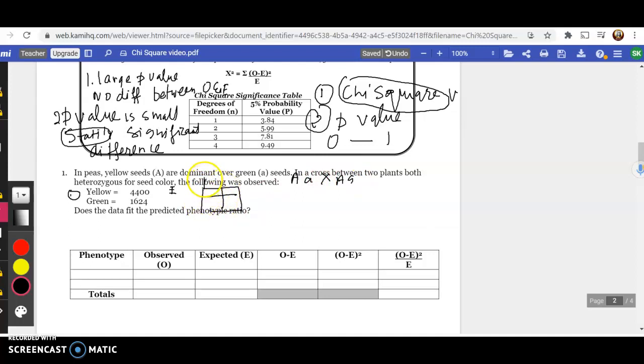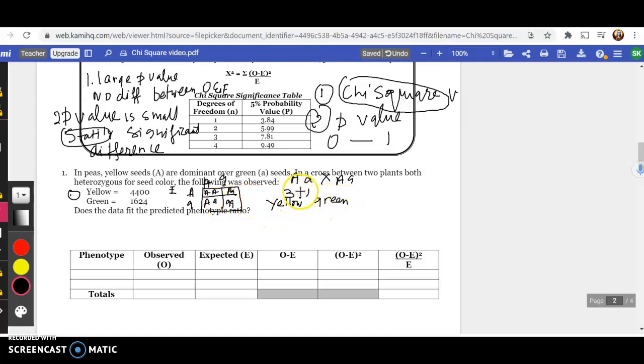When you draw the Punnett square, what you get is a phenotypic ratio of 3:1. That means there will be 75% yellow seeds and 25% green seeds.